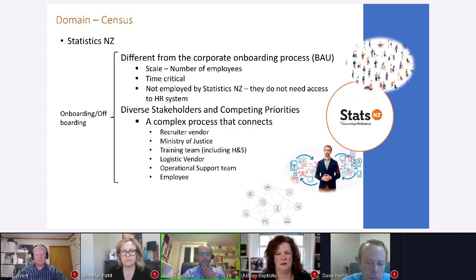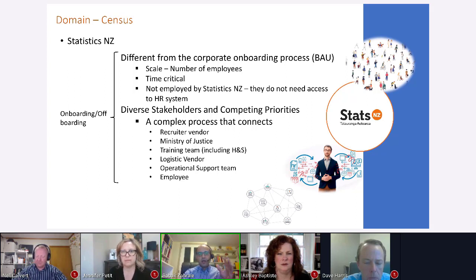So we're also talking about a very complex and complicated process that connects various actors and stakeholders who are responsible for different stages of the process and with different priorities.